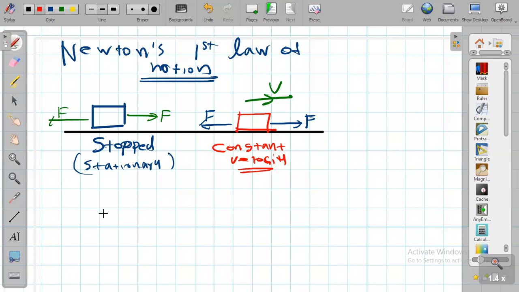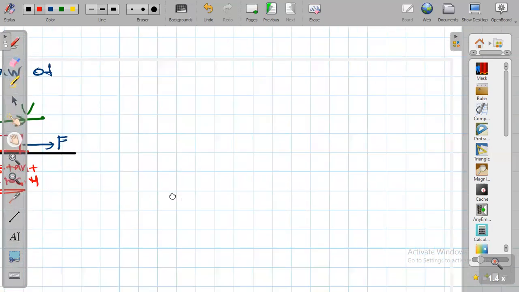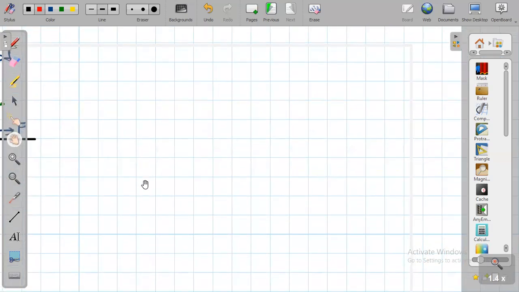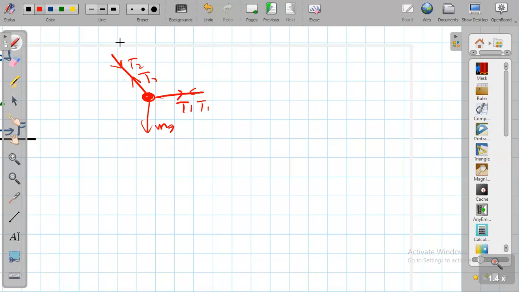Okay. Now write the next one. We have done many examples. I don't give examples for nothing before learning the law. Can you remember those examples, like holding something using forces like T1 and T2, and the weight mg applying?